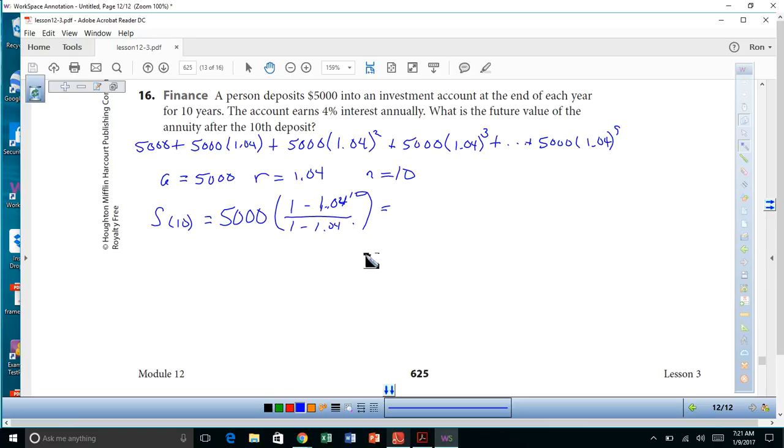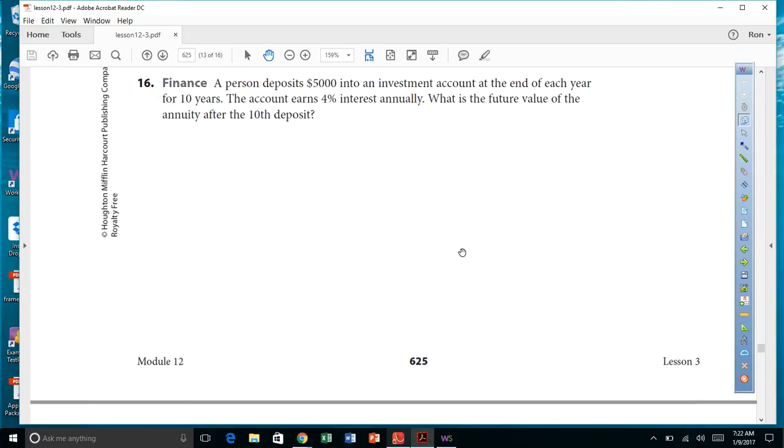And if we put that in the calculator, that comes out to approximately 60,030.54. So after the 10th deposit, it will be worth $60,030.54. Not too bad.